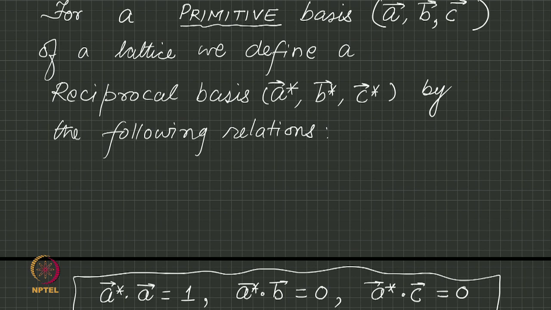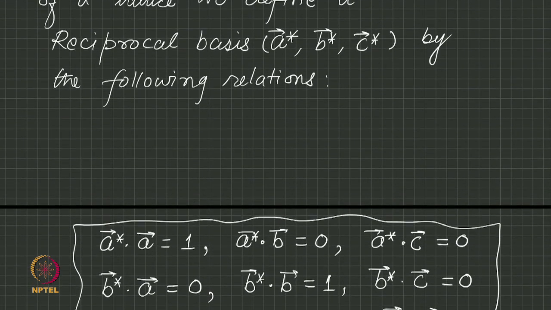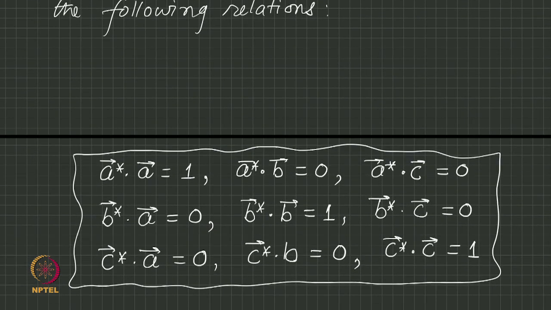But you have made up your mind and you have chosen A, B and C. Now, a formula or algorithm is being given to you, that if you give me A, B, C, I will give you a new magic A star, B star, C star satisfying these relations.